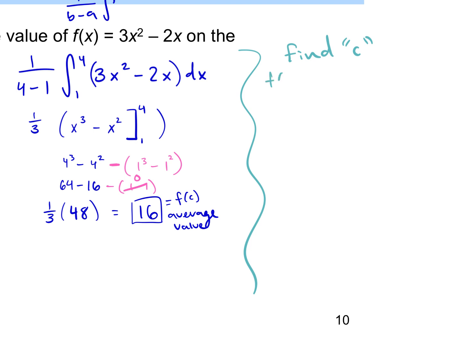So if f of c equals 16, how do you think we could find what c is? We're not plugging it in.